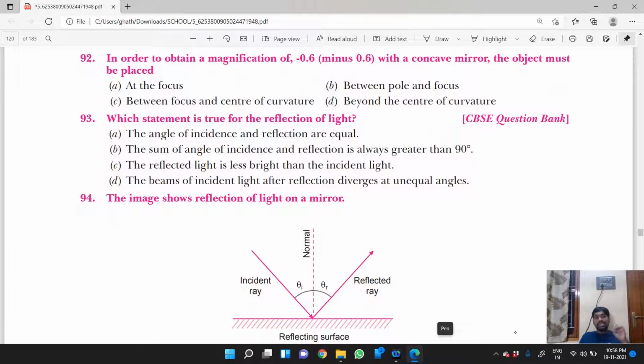92nd: in order to obtain a magnification of minus 0.5 with a concave mirror, where must the object be placed?